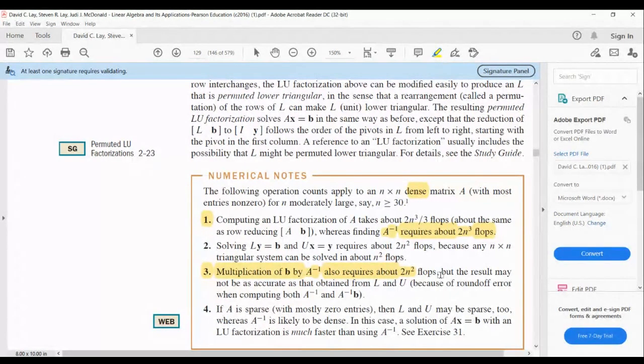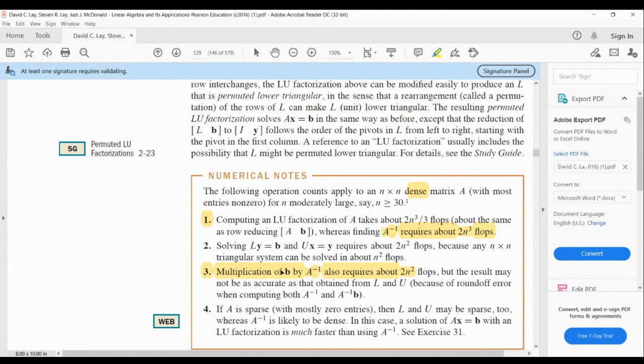If n equals 4, that would be 2 times 4 cubed plus 2 times 4 squared, which is 128 plus 32, about 160 flops. So that's 160 math operations.